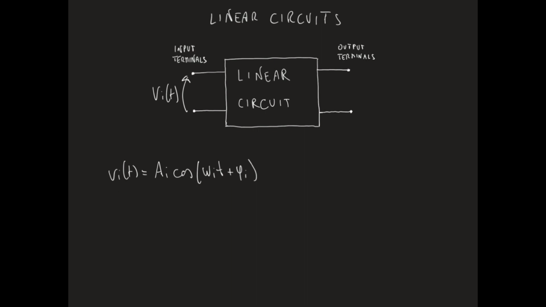In the expression of Vi of t, Ai is the amplitude of the signal, omega I is the angular frequency, and phi sub I is the phase of the signal.